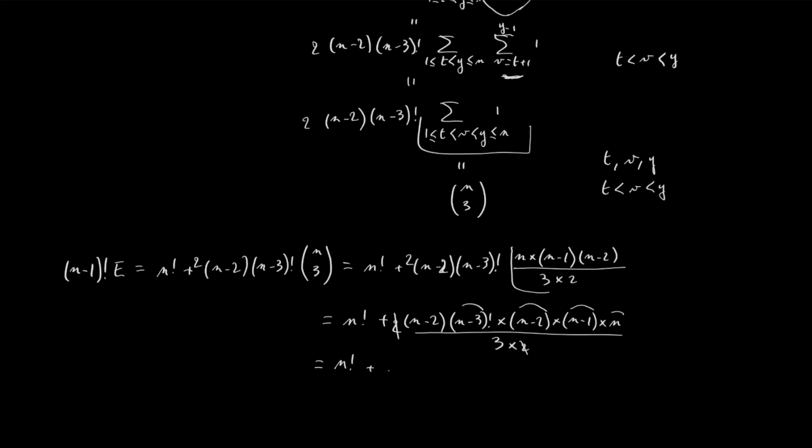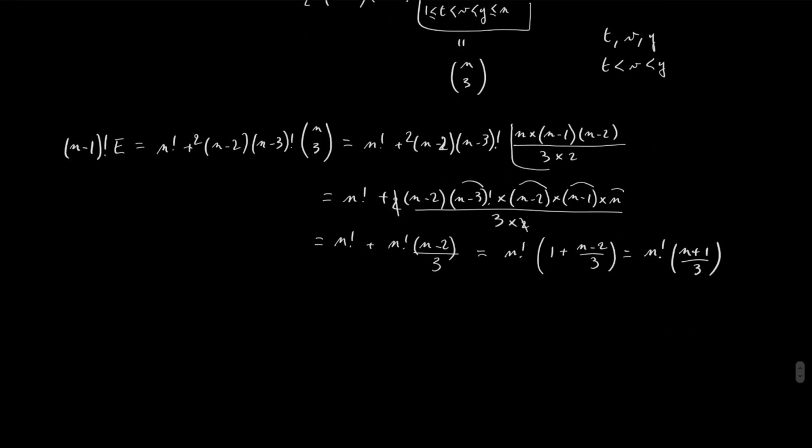So n factorial plus n factorial multiplied by n minus 2 divided by 3, which is equal to n factorial multiplied by 1 plus n minus 2 divided by 3, which is equal to n factorial multiplied by n plus 1 divided by 3.